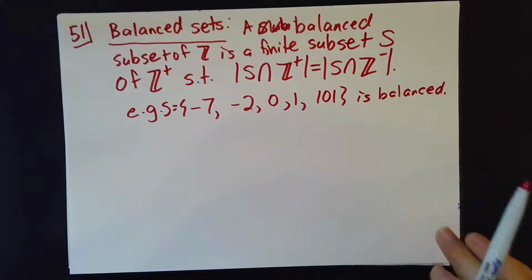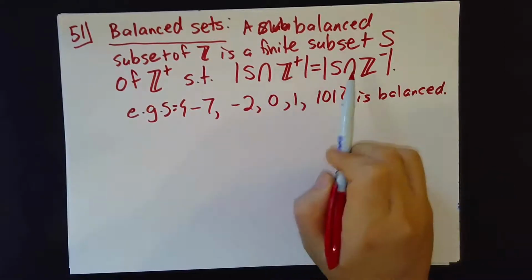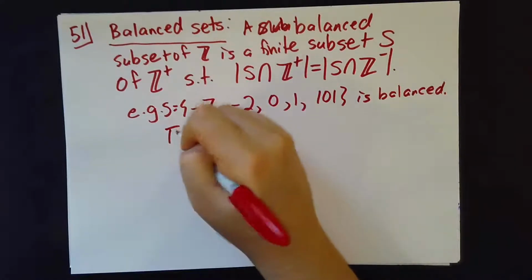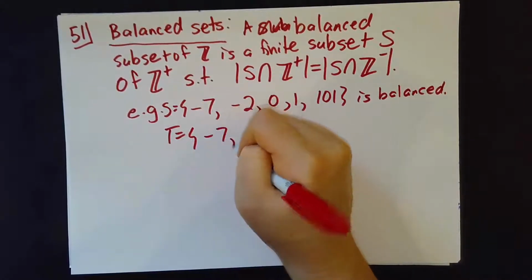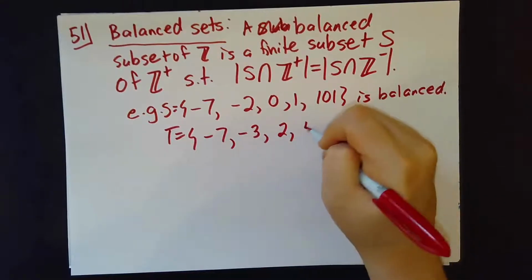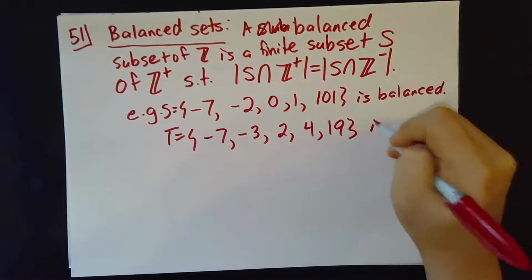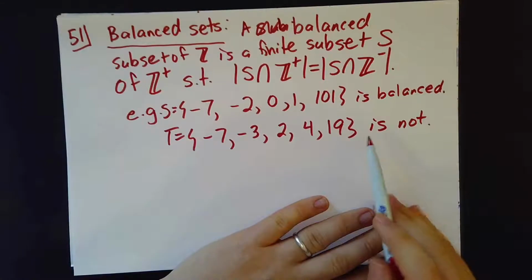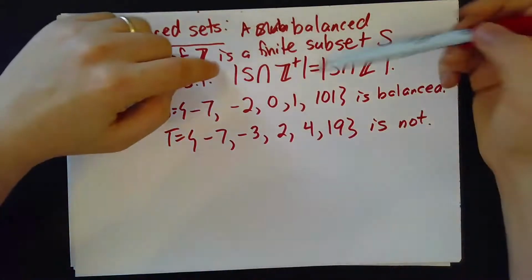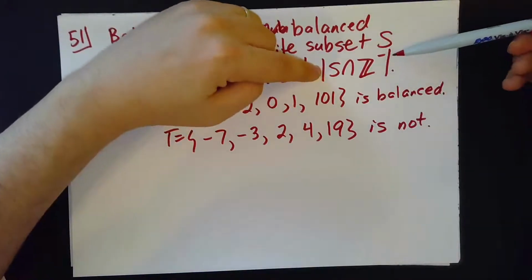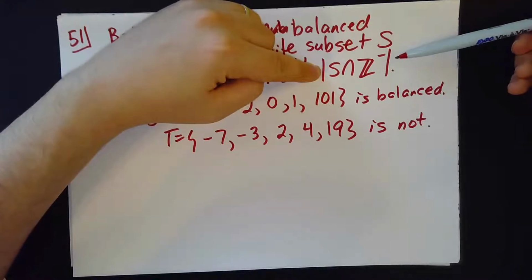So in this instance, both of these have size 2. They're equal, so this set is balanced. Whereas this would not be balanced. And why is it not balanced? It's not balanced because if I calculate this intersection, I would get 2, 4, 19, which is 3 things. Whereas if I calculate this intersection, I would get -7, -3, which is 2 things.